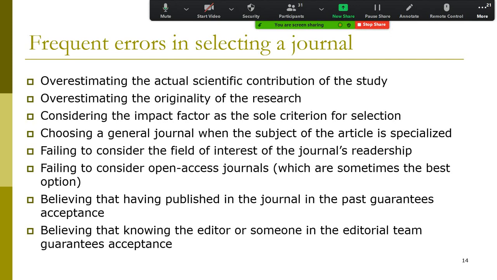Sometimes we believe that knowing the editor or someone in the editorial team guarantees acceptance. That is again a mistake. So these were the frequent or common errors in selecting a journal. If we commit these errors, then the rejection rate will be high in our case.